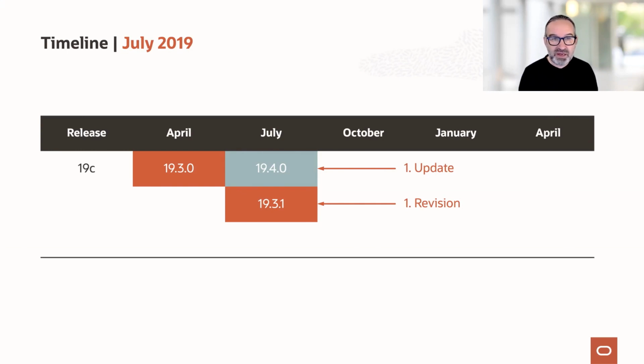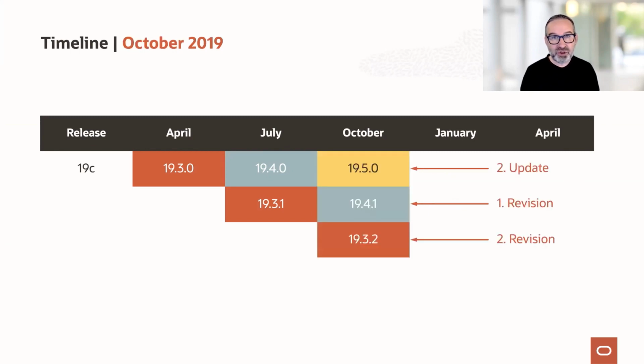So in July here, we released 19.4.0, the first release update, and the first release update usually doesn't contain so many fixes. At the same time, we also released the first revision for 19.3.0, containing only new security and new regression fixes. And then in October, 3 months later, the second release update, the first revision for the July release update.